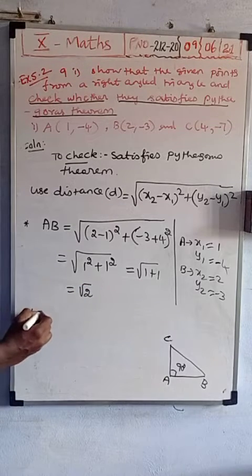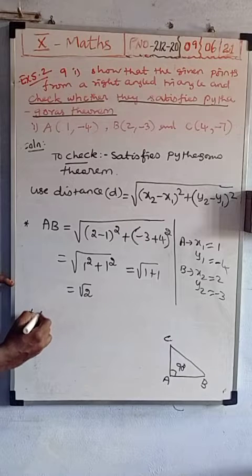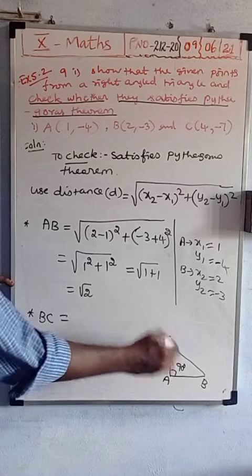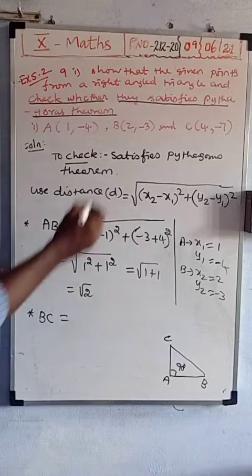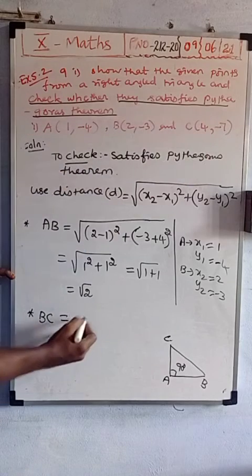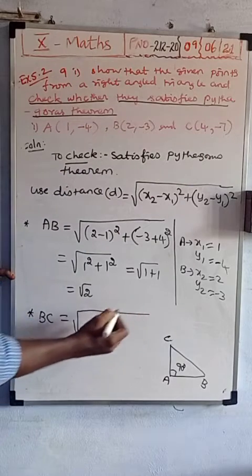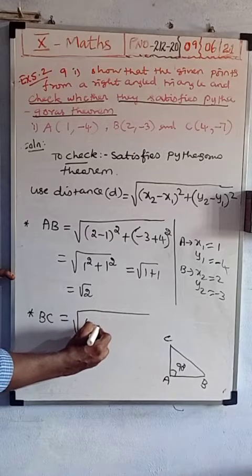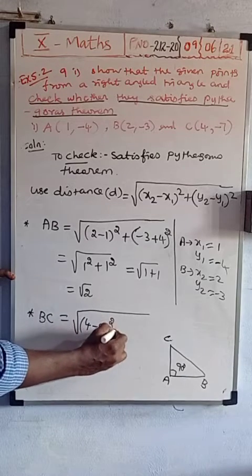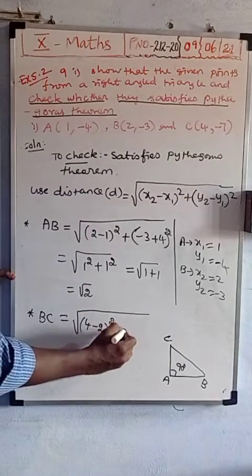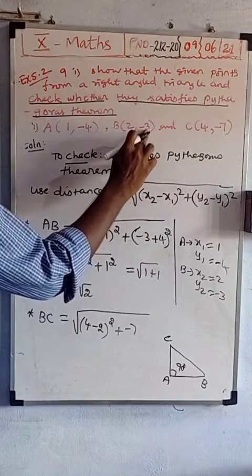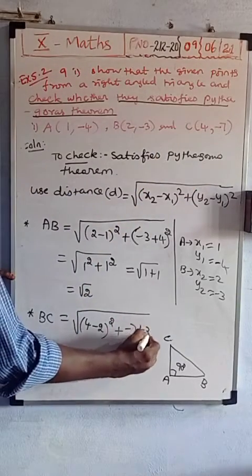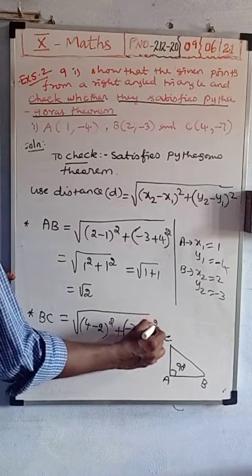Next, distance of BC. Now B point is x1, y1, C point is x2, y2. Then (4 minus 2) to the whole square plus (minus 7 minus of minus 3). So minus into minus, plus 3 you will get, plus 3, to the whole square.